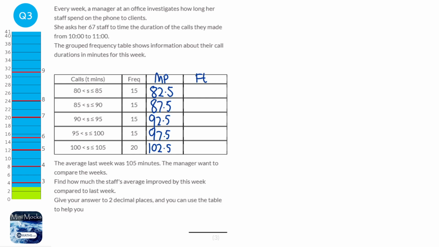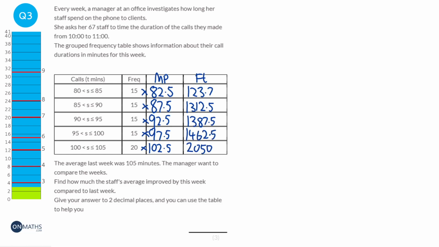So our midpoint effectively becomes the T. So we're going to do 15 times that, which will be 1237.5, and we're just going to keep going and multiplying each of these together. And then finally 2050.